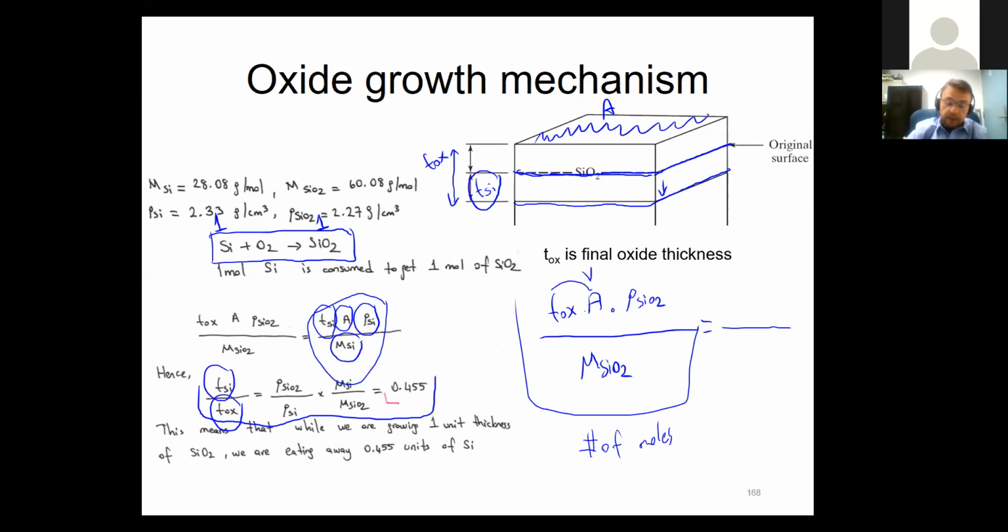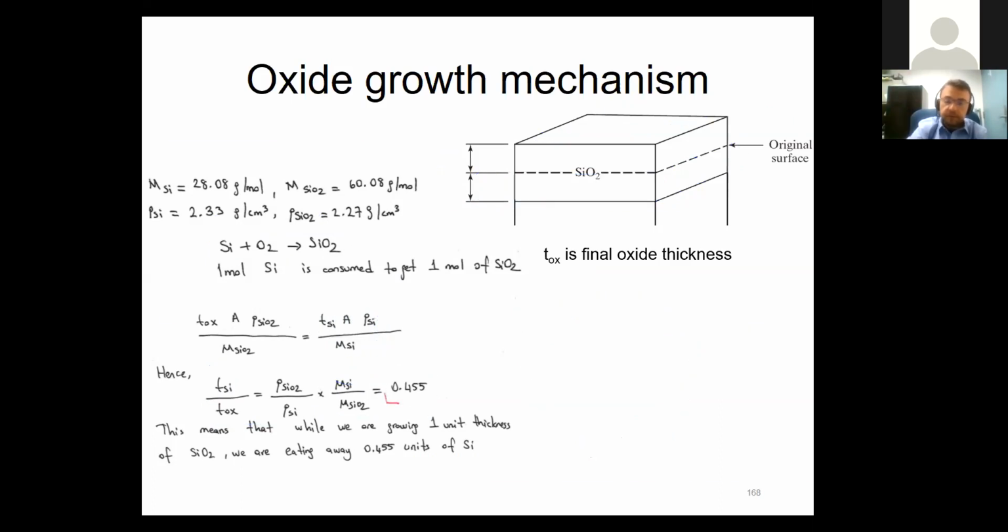And that's going to be 0.45. So that means that if I build 1 unit of silicon dioxide, I will collapse 0.45 units of silicon down to the lower level.